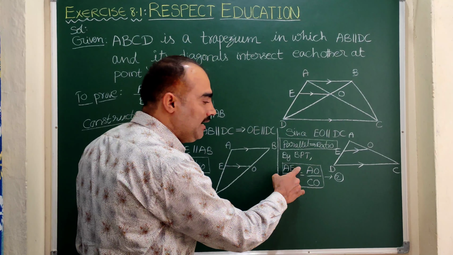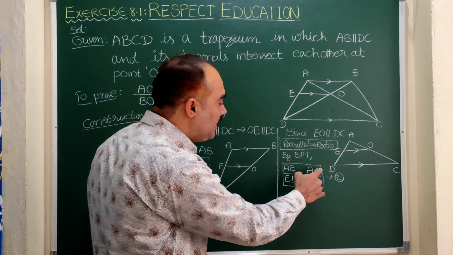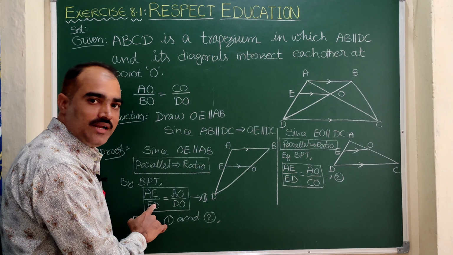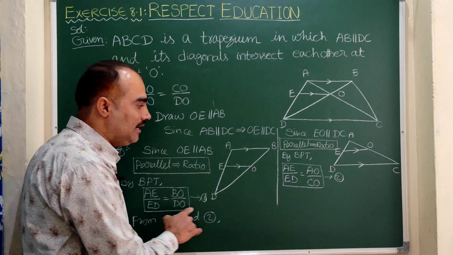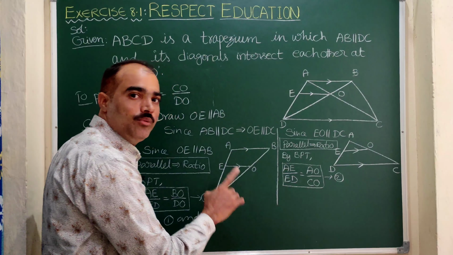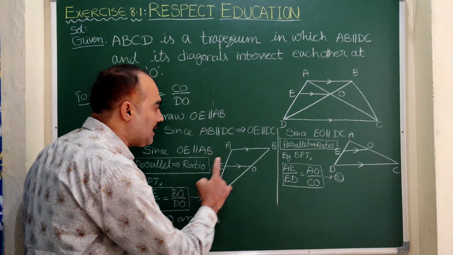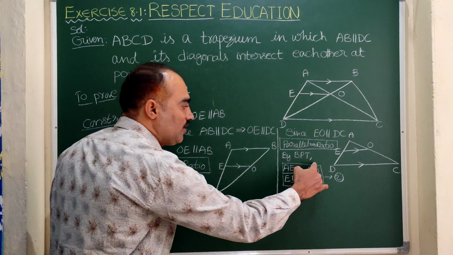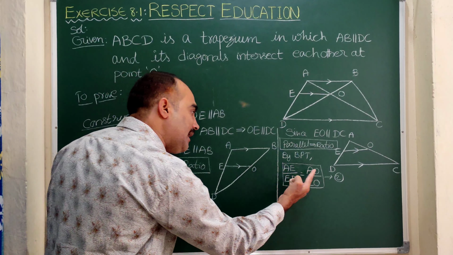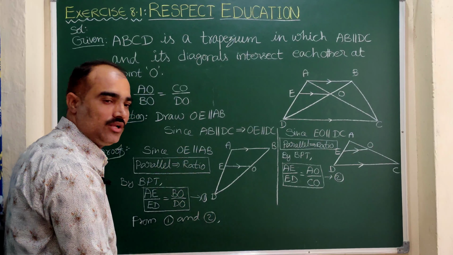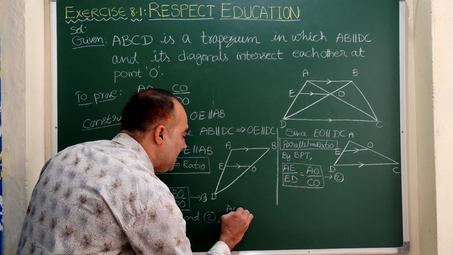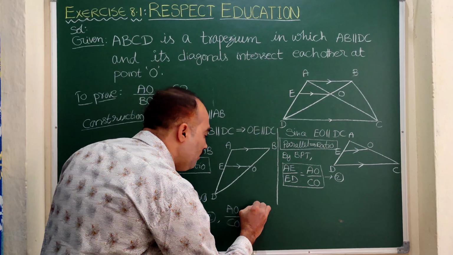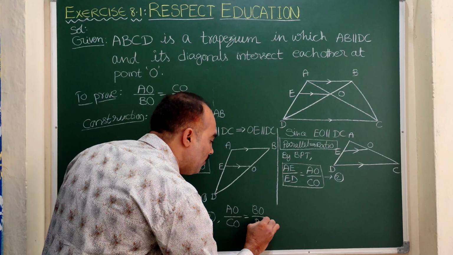The same AE by ED is equal to AO by CO. Here let us observe the left hand side, AE by ED, both are equal. So we can make the right hand side parts equal. So that BO by DO equals AO by CO. We can write AO by CO equal to BO by DO.